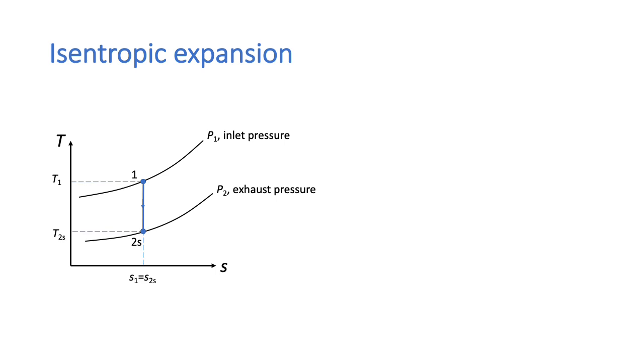The isentropic expansion is then a vertical line on the TS diagram, and this fixes the exit state 2S. We write the S to remind ourselves that this is an isentropic process. This therefore fixes the exit temperature, T2S. The inlet entropy, S1, is then equal to the exit entropy, S2S.